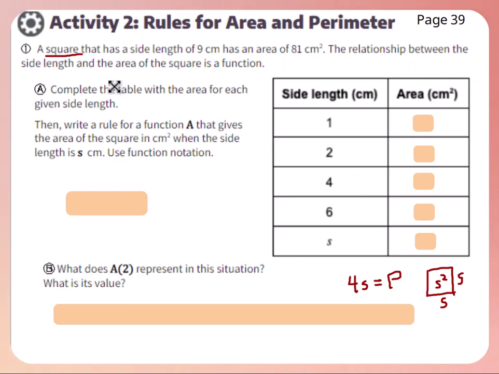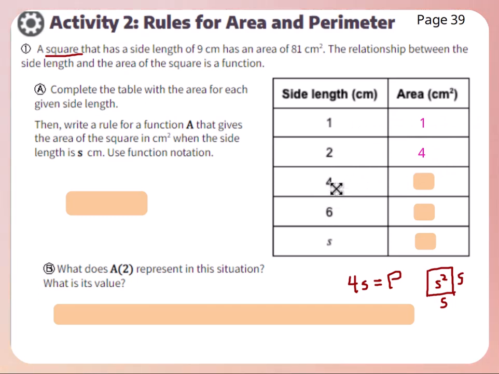All right, we want to complete the table with the area for each given side. So we're going to take the side length and multiply it by itself. What is 1 times 1? 1 times 1 is 1. All right, continue with side length of 2. 2 times 2 is 4.